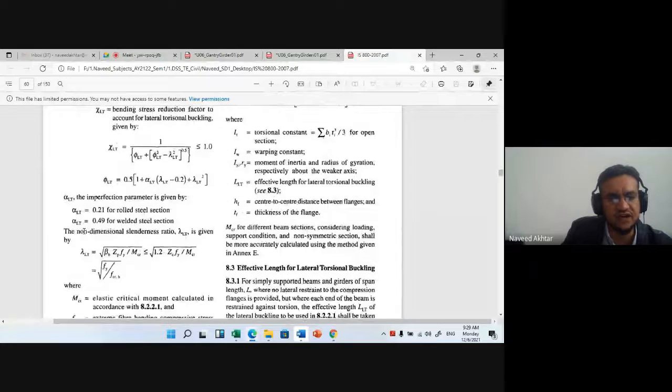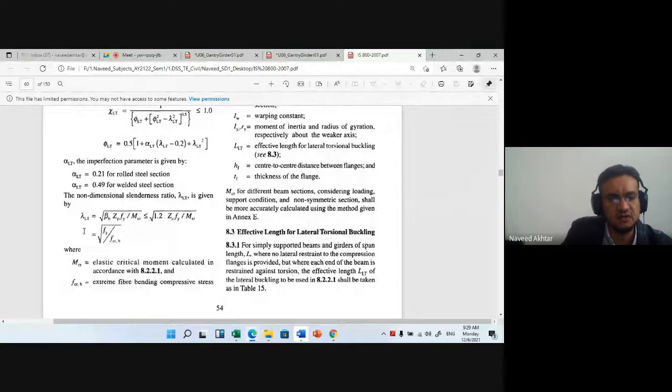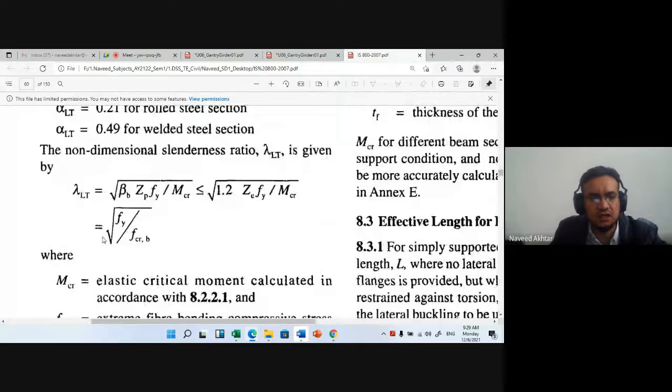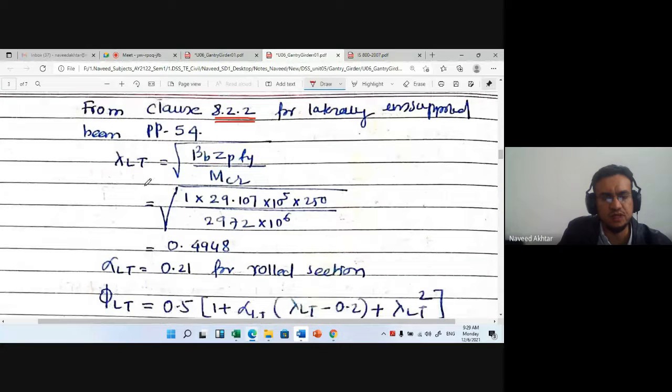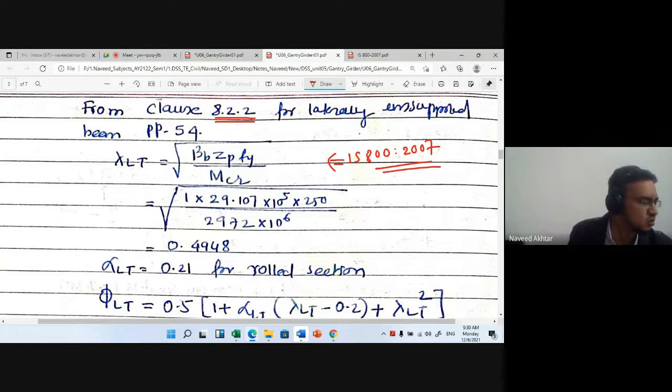Now after finding our MCR, you can find out this lambda LT value. Lambda LT is equal to under root of beta B ZP FY upon MCR. By putting all this formula you can get it from IS 800 2007, because this code is permissible to you in the examination, in theoretical papers.